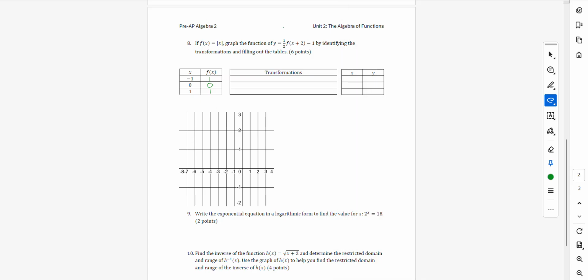Okay. All right, the transformations are the 1/2, vertical dilation of 1/2. If you just put dilation of 1/2, I took half a point away because that's showing me that you don't know that that one is vertical.